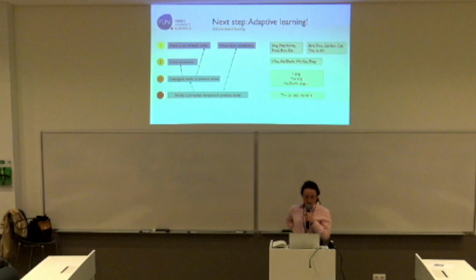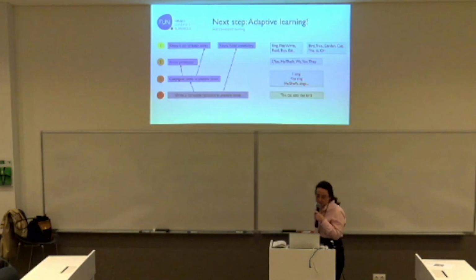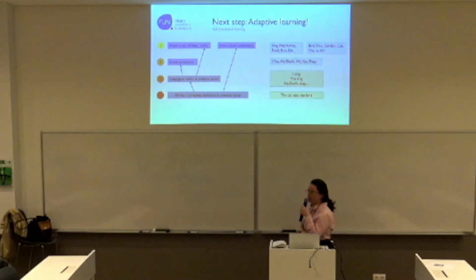But you know that a sentence is about a subject, verb, and a complement, so you also have to know some vocabulary. So within that, expressing a complete sentence in present tense is a skill that requires several prerequisite skills, and it's a skill that is more difficult than knowing only a set of basic verbs.